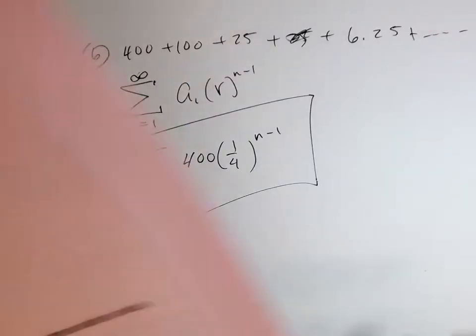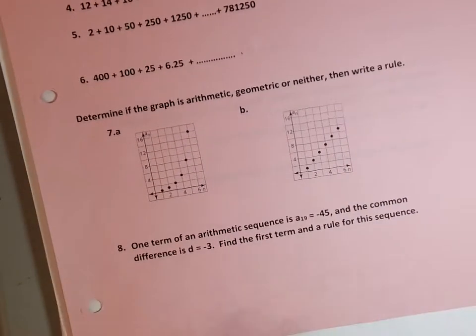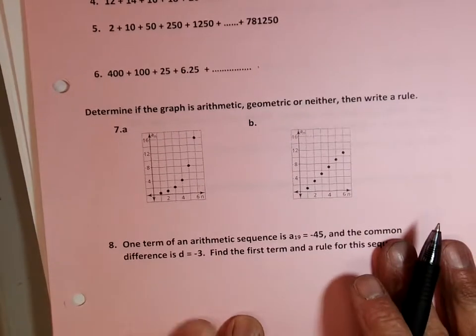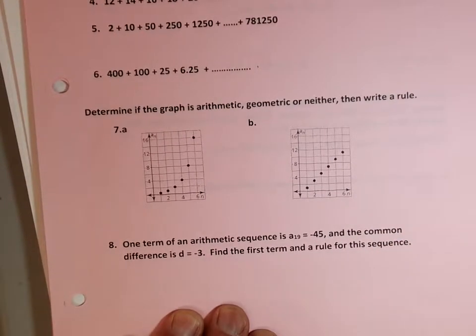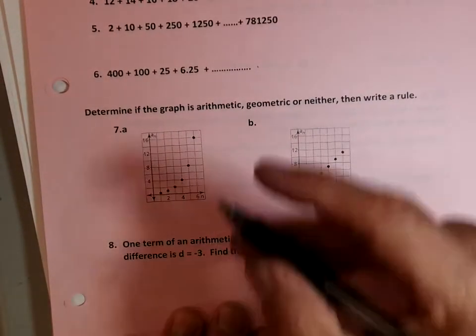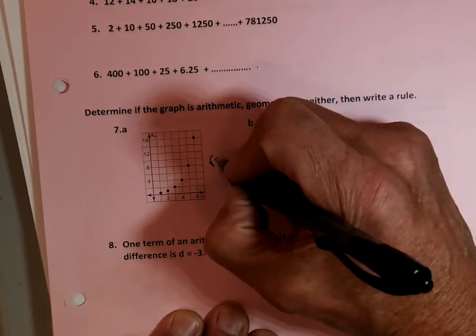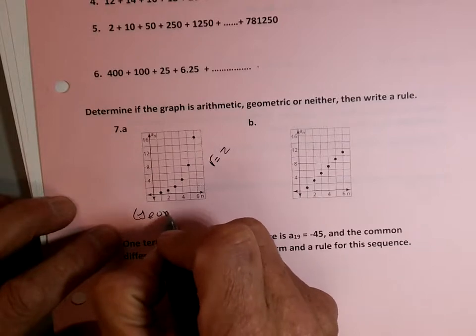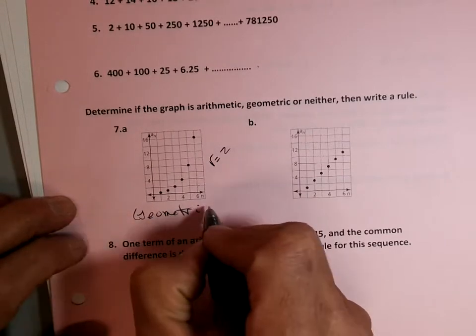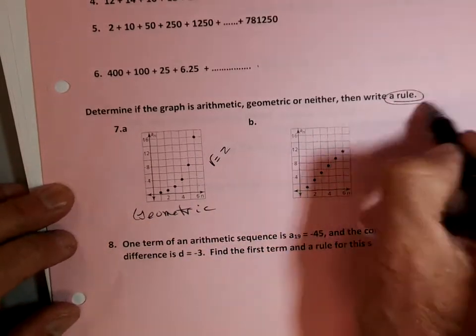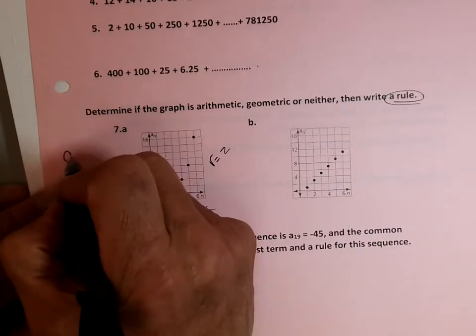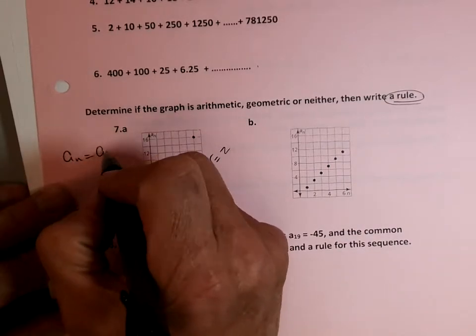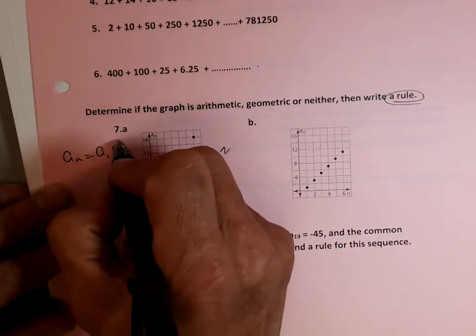Okay. All right, you ready for 7? So look at 7. Arithmetic, geometric. Which one is it? Geometric. It is, because I'm multiplying by 2, aren't I? So it is geometric. If I need the rule, I'm going to go a_n equals a1 times r to the n minus 1 power, right?